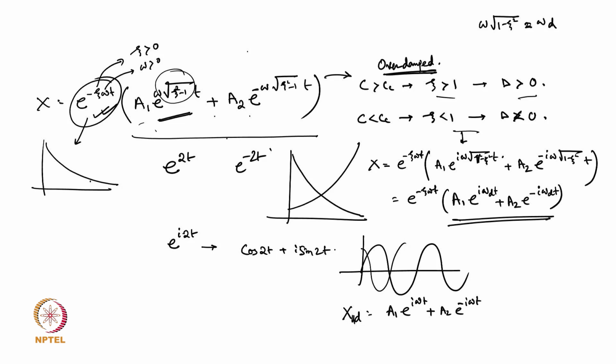That was the solution we derived in the last class. Now if we compare these two, we can see that this portion and this part are almost the same, except that instead of omega we have omega d, and additionally this portion is multiplied by e to the power of minus xi omega t.